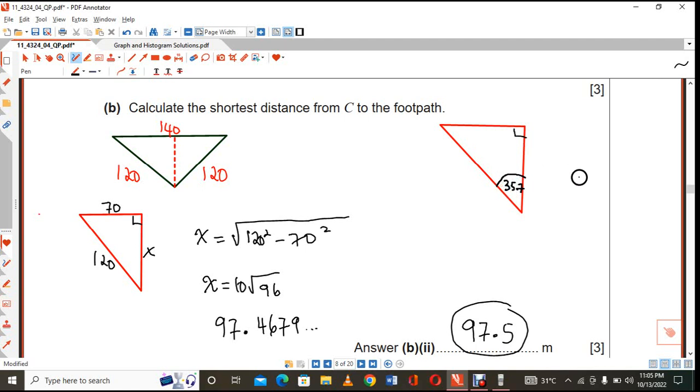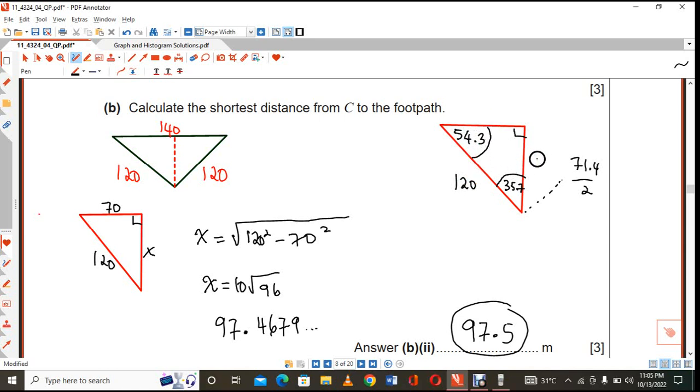Where is it coming from? It's half of our previous angle that we calculated, half of 71.4, because remember that triangle was for something like this. All right, so half of that gives us this. You can also calculate this angle by subtracting this from 90, because the angles here should be complementary, 54.3. Whatever you do, you know this distance is 120 here.